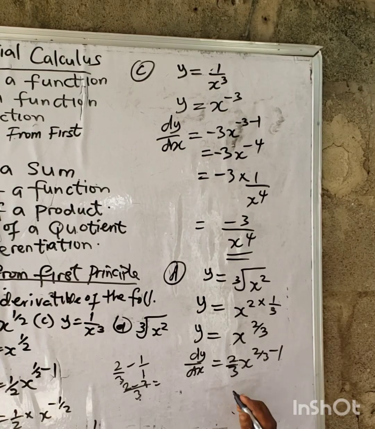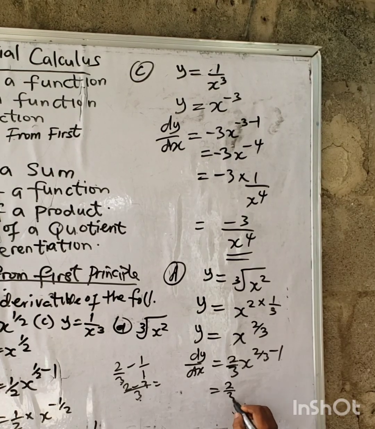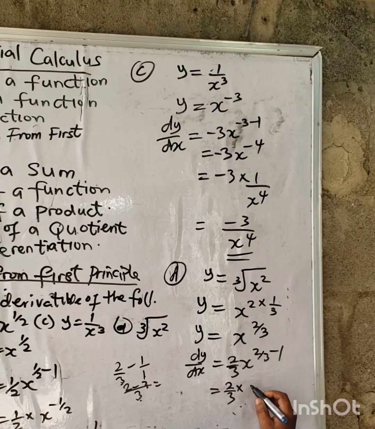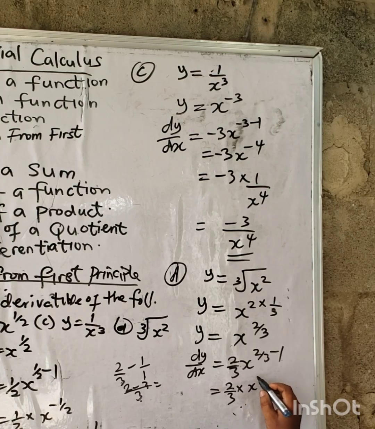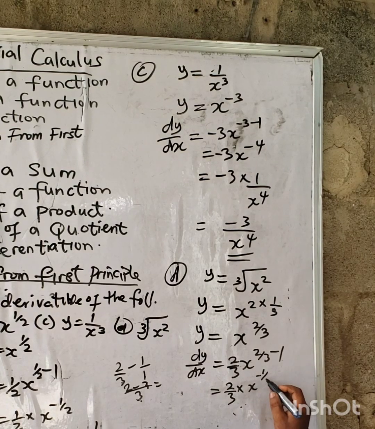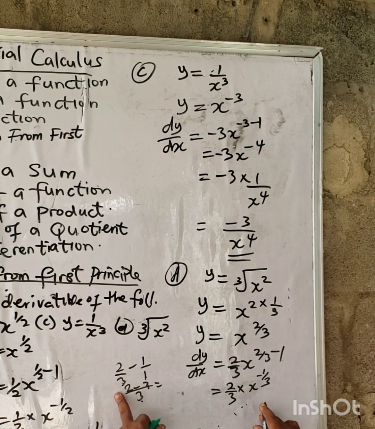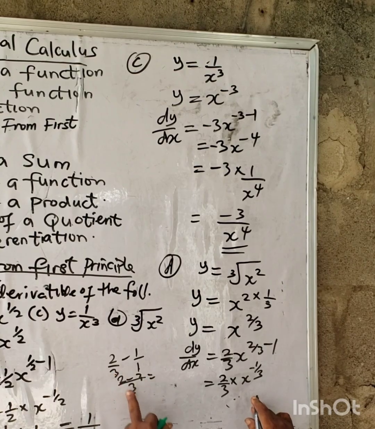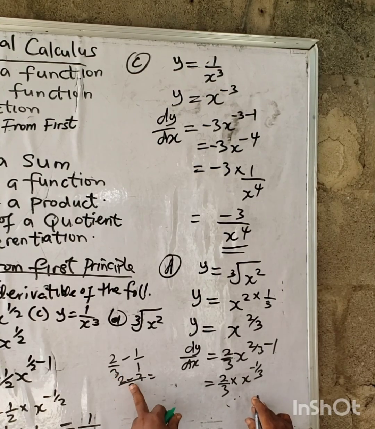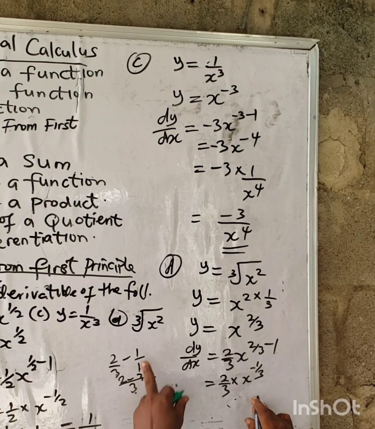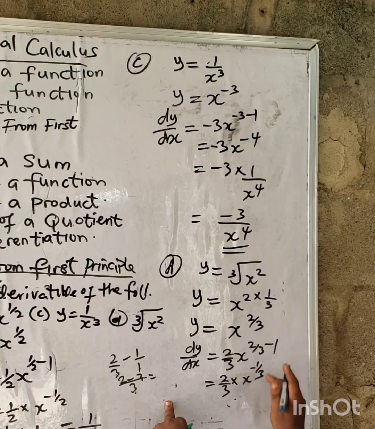We can write it like this: 2 all over 3 times s raised to power minus 1 all over 3. As we can see, when we find the LCM, this is 2 over 3 minus 1. 1 times 2, 2; minus 1 in 3, 3 times 1. 2 minus 3 is minus 1.